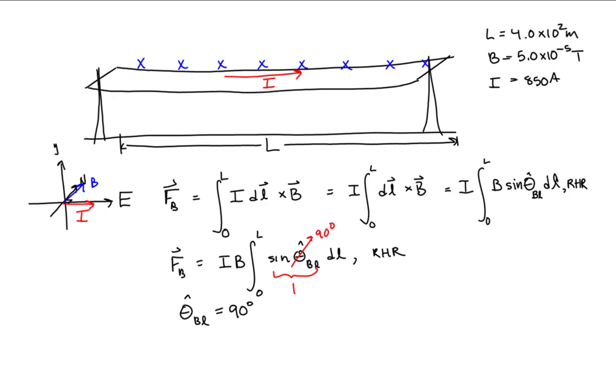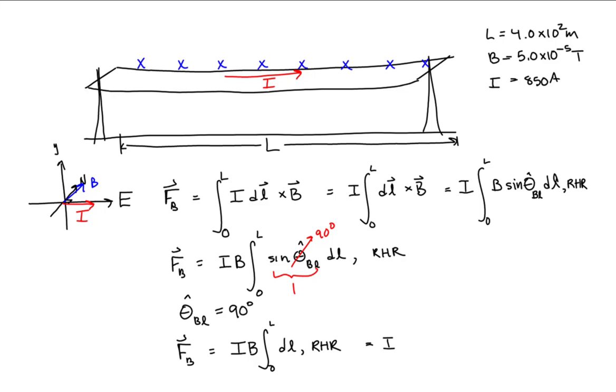And this allows us to write that the magnetic force on this current carrying wire is equal to IB times the integral from 0 to L of dl, with the direction given by the right-hand rule.